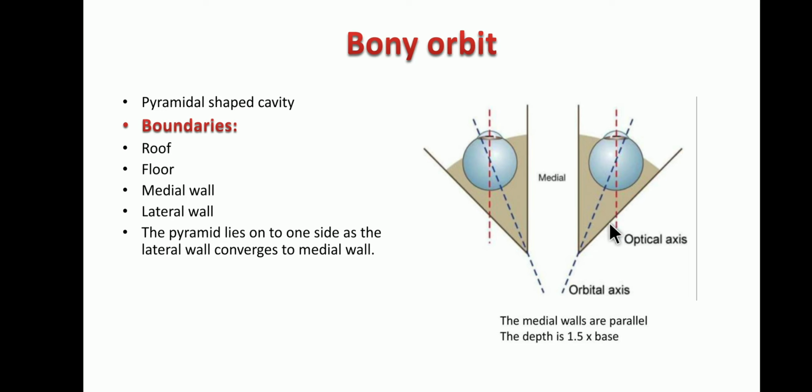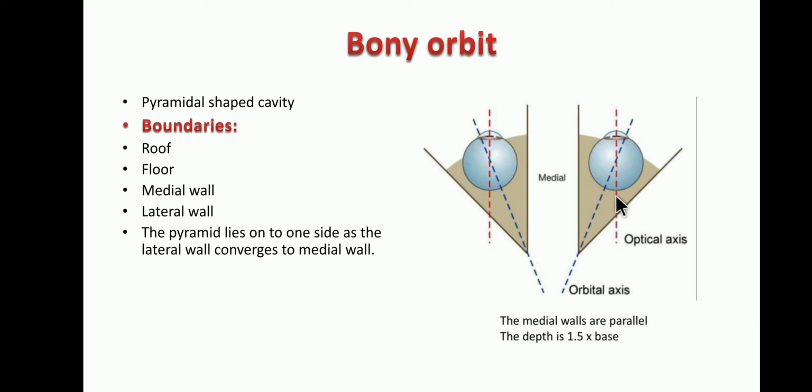There is a difference or angulation of around 25 degrees between the orbital axis and the optical axis. Now, when the eyeball abducts, the optical axis and the orbital axis become one.